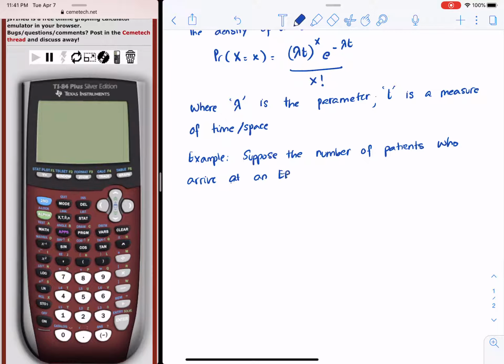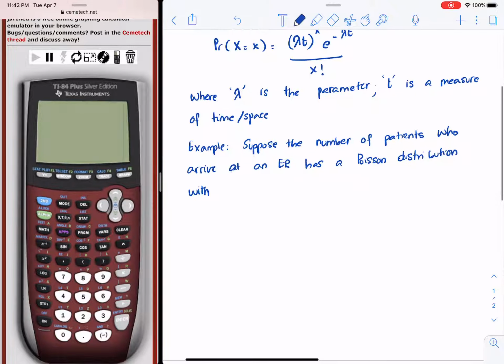Suppose the number of patients who arrive at an ER has a Poisson distribution with lambda equals 14 per day.